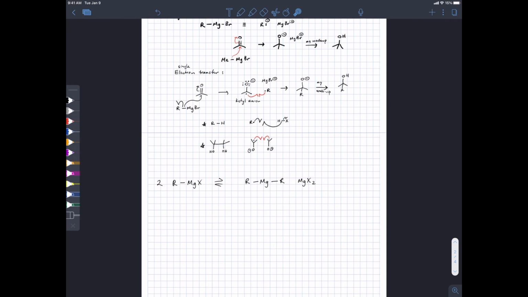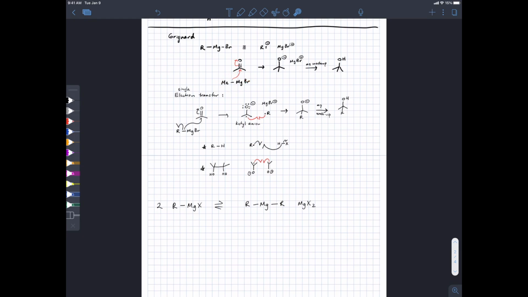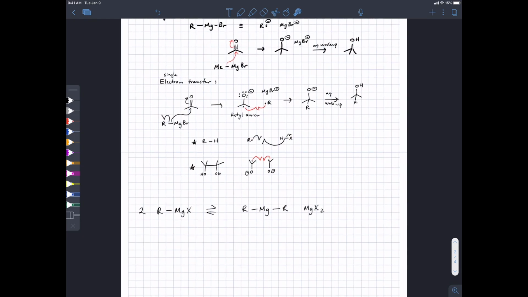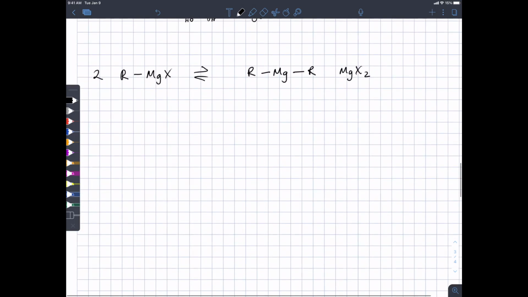And then the Grignard reaction, though you would predict it's only first order in Grignard reagent and ketone, sometimes in terms of kinetics, it's second order, and that would be consistent with two equivalents of Grignard reagent being involved in the process, and it's thought that that might look something like this. So at the same time, the R group is attacking the carbonyl, and we're breaking the pi bond.